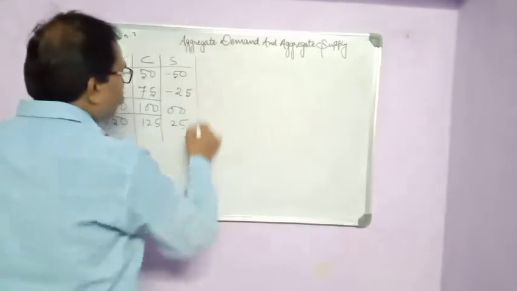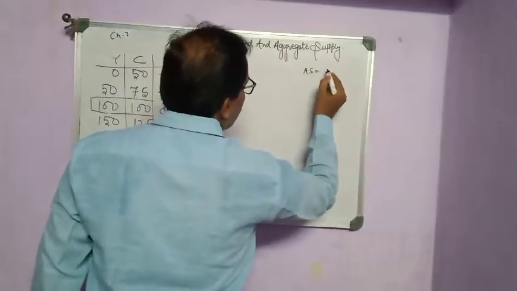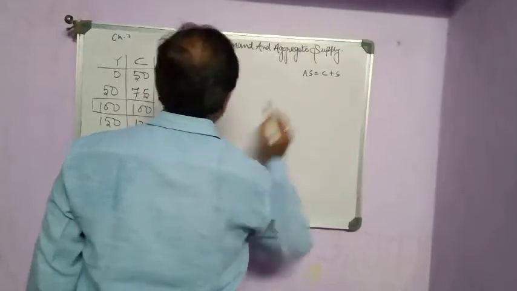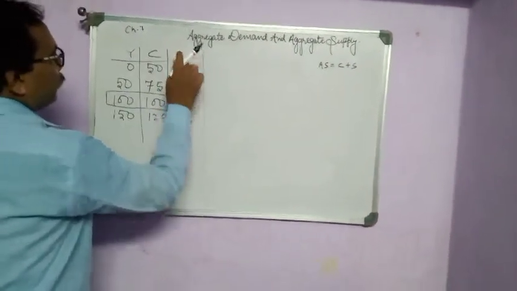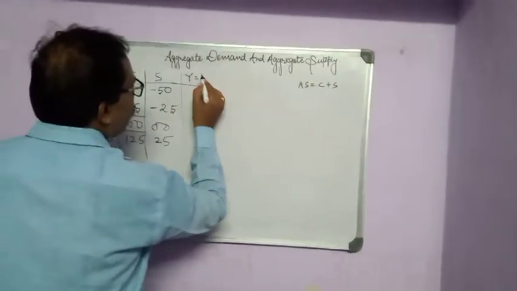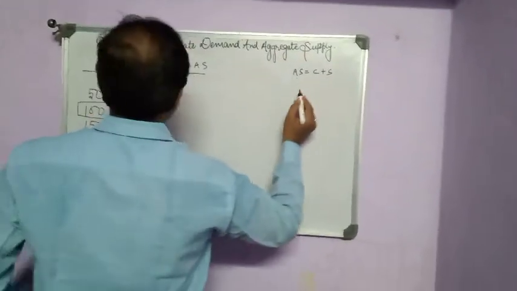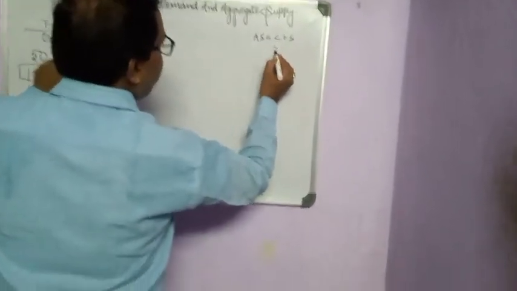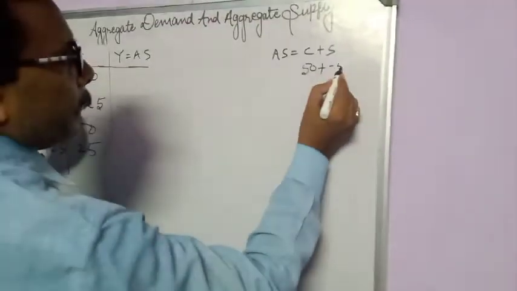Okay, so as I told you, AS is equal to C plus S. Whenever you add consumption and saving, it will always equal Y. So Y is equal to C plus S. So here consumption is 50 plus saving is minus 50.